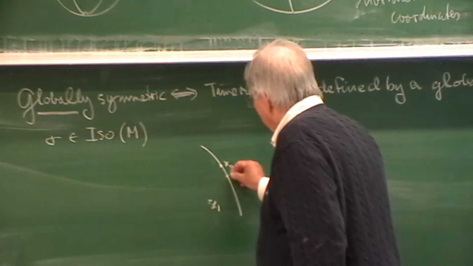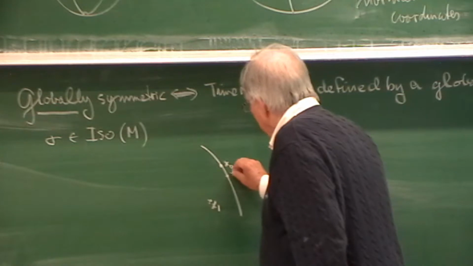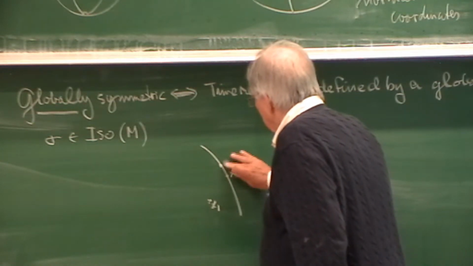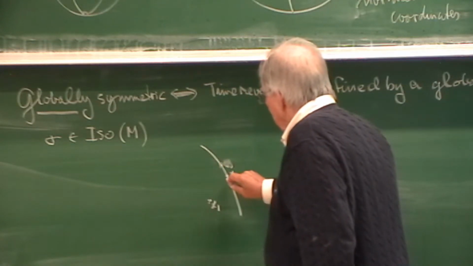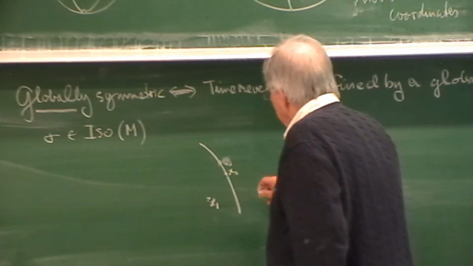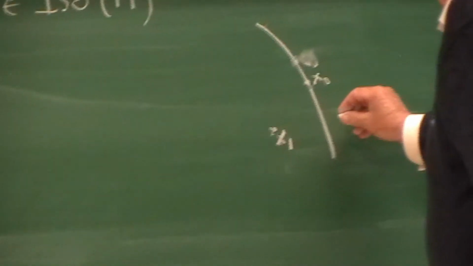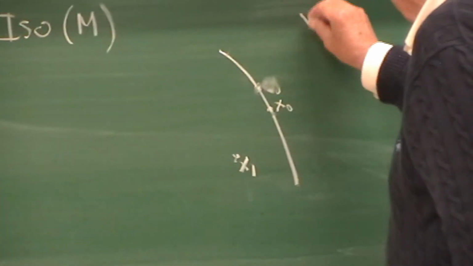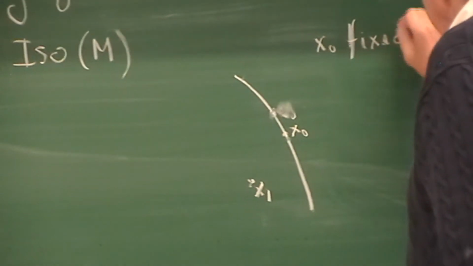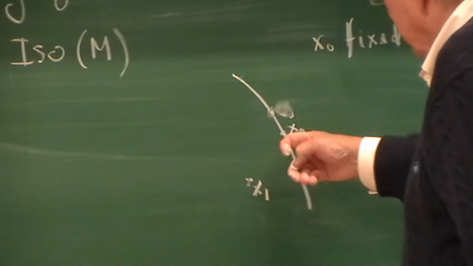Let me call this x0 the base point. X0 is the base point. That's fixed by time reversal. That's no good. I want to move x0 to x1, but I can't by this time reversal because it's fixed.